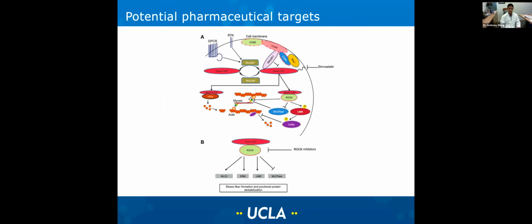And two of those possibilities are depicted here. First, simvastatin, which acts higher up in the MEK3 Rho kinase pathway, and then the potential for the use of ROCK inhibitors, which are currently being studied in glaucoma.